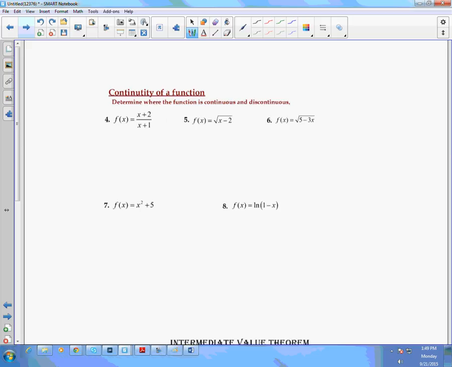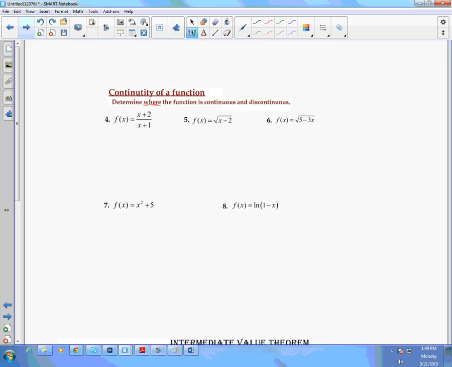Determine whether the function is continuous and discontinuous. Oh, where, not if. Determine where the function is continuous and where it is discontinuous. Okay, so we're looking for those discontinuities. Maybe it's a hole, maybe it's a jump, etc. So let me try number 4 with your neighbors. On the back side of this, it's recorded so you can watch the video.